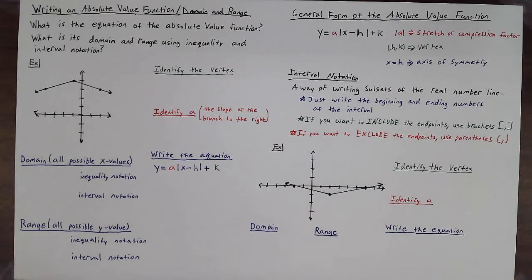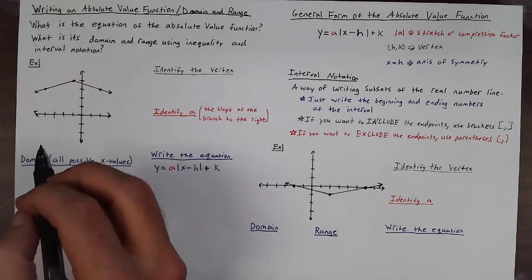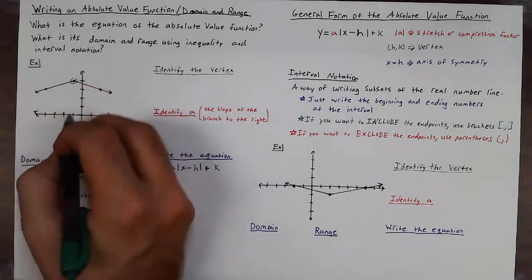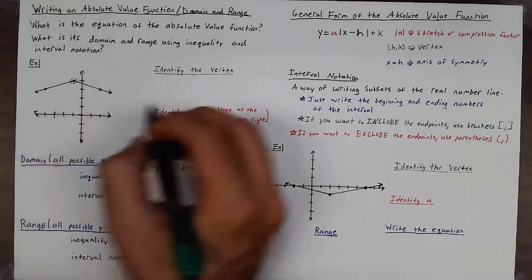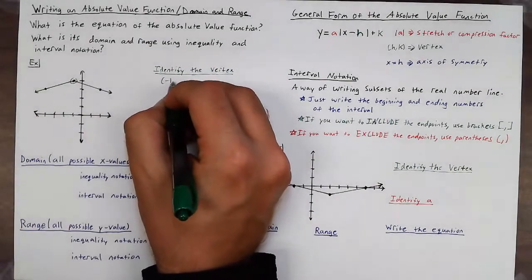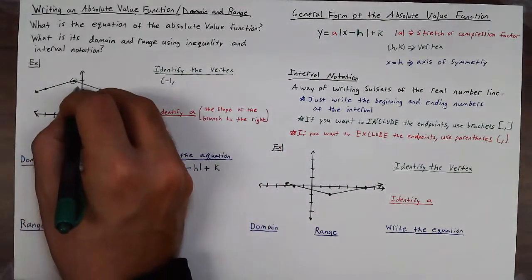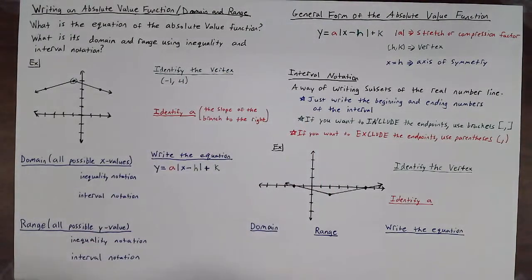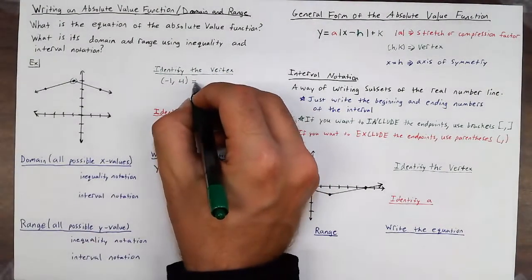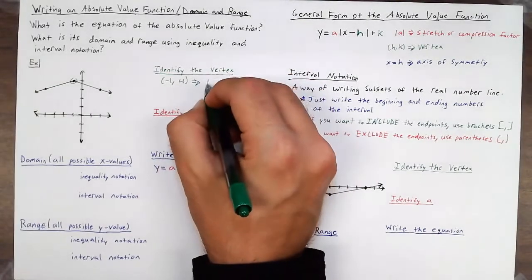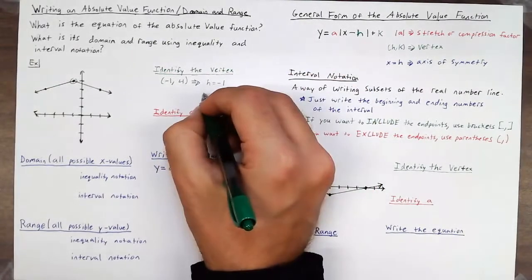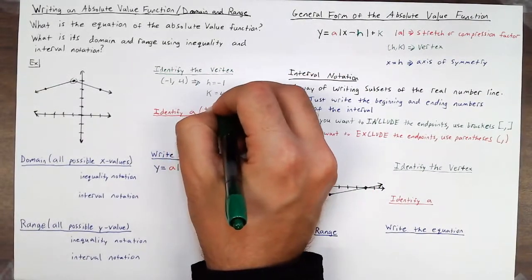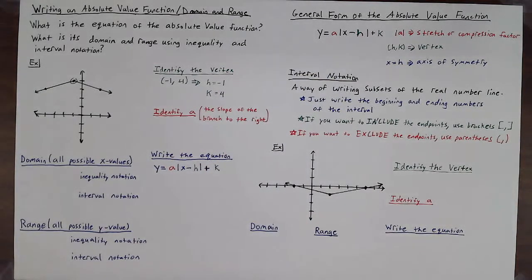First, we want to identify what the vertex of this absolute value function is, which looks like it takes place at -1, and then 1, 2, 3, 4, 4. So my vertex will be -1, 4, which tells me that in general form, h will equal -1 and k will equal 4. Next, we need to identify what the a value is.